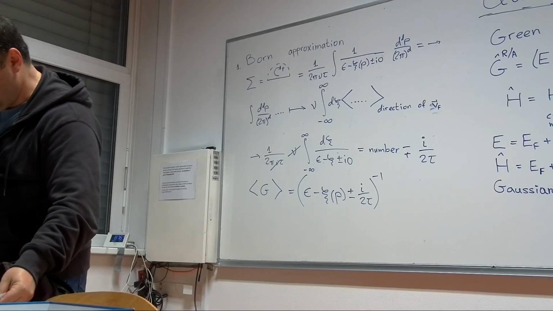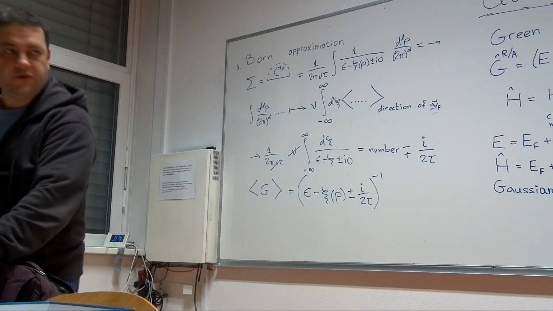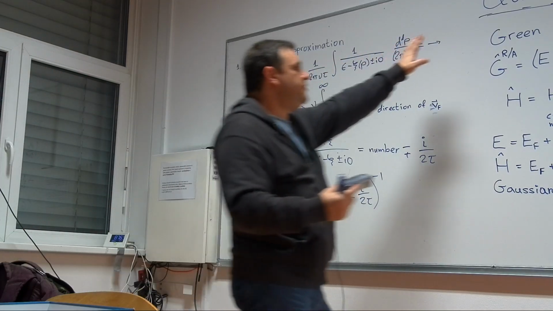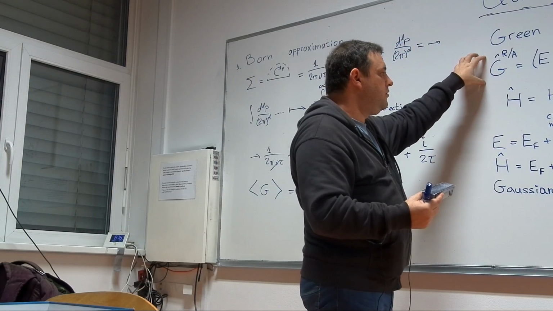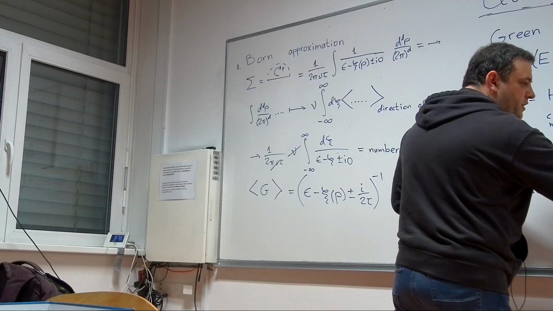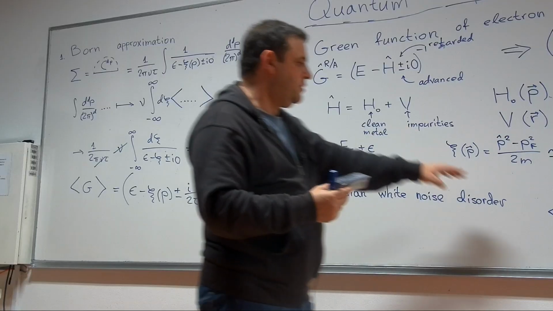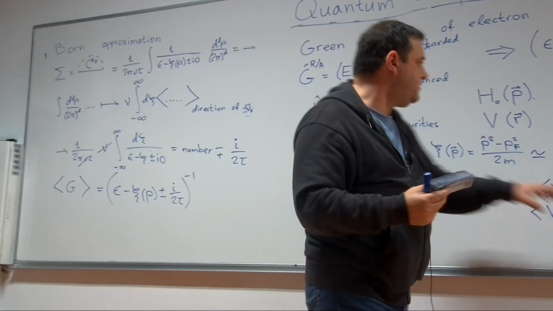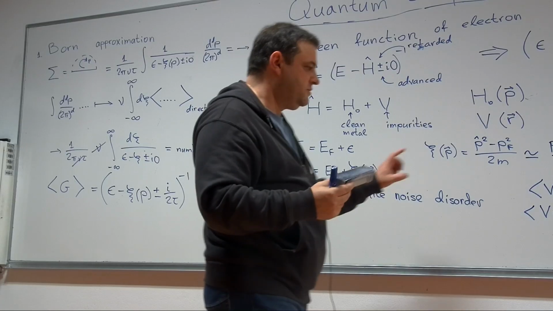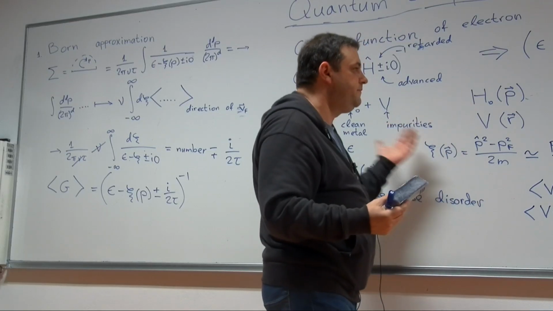Well, so what do we have? We have our model of a metal with impurities. We assume Gaussian white noise disorder for this impurity potential. This Gaussian white noise disorder introduces the parameter tau. It was not present in the clean metal.